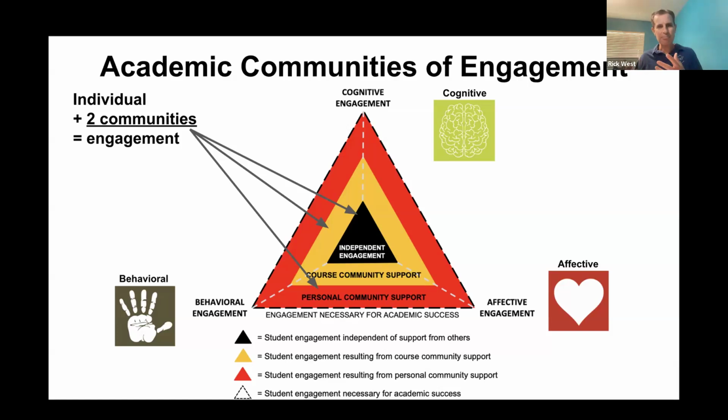Those kinds of people are personal communities that support them in their learning and can affect their engagement. And that's never talked about in the literature. So I think one of the big insights that I would share with you is, when you think about engagement, don't just think about the class, think about the student's personal community, and if there might be a way to improve that as well.